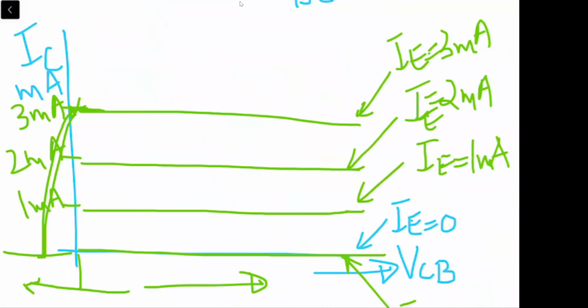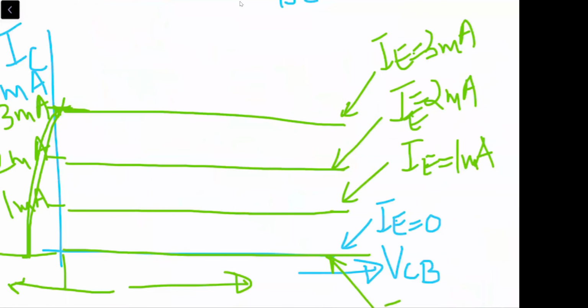This means that if IE is 3 milliamperes, IC will be close to 3 milliamperes. Similarly, if IE is 2 milliamperes, IC will also be close to 2 milliamperes, and if IE is 1 milliampere, IC will also be close to 1 milliampere.